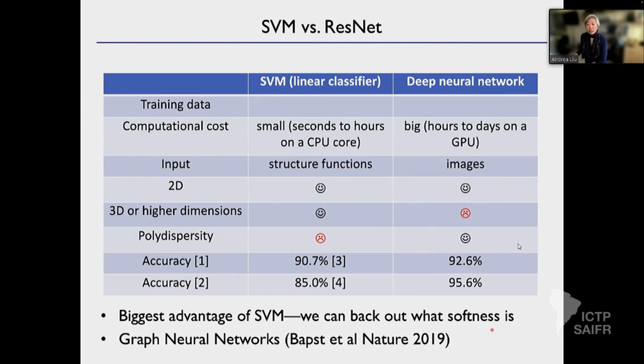I should mention also graph neural networks are, if you're going to use a neural network, the natural way to do it. That was a nice paper by Bapst et al., where they were predicting dynamics way into the future, at a relaxation time later, with graph neural networks.